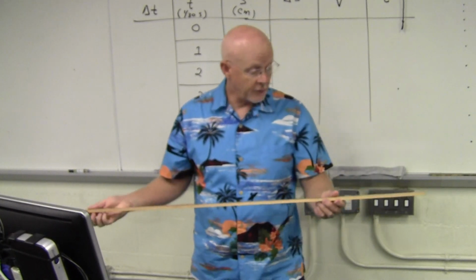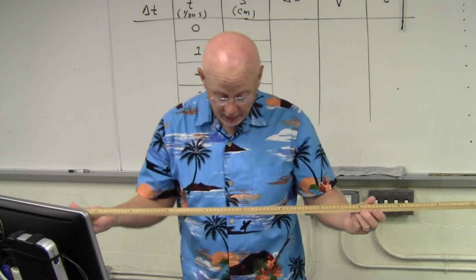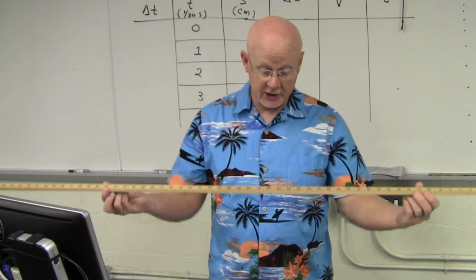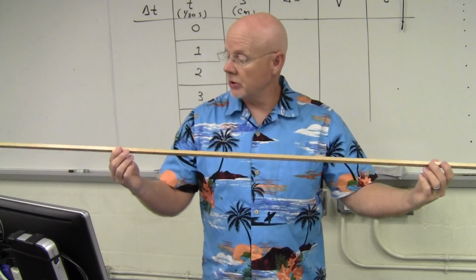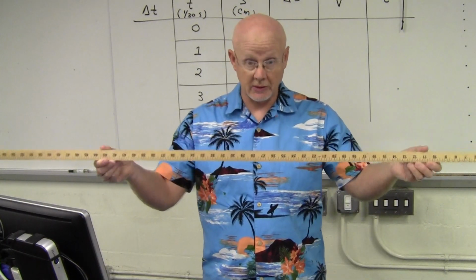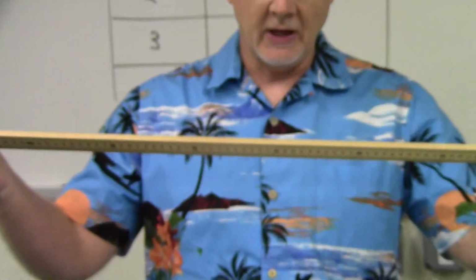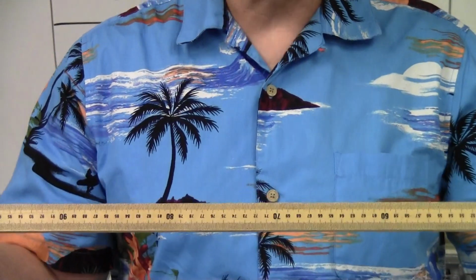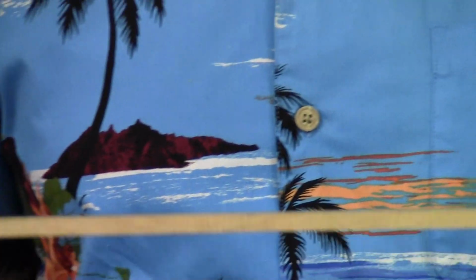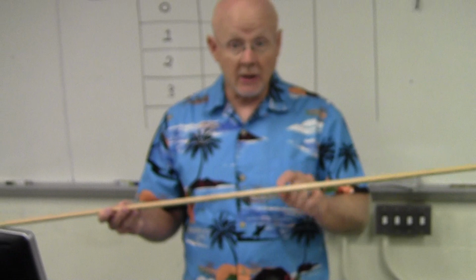And of course, I need to find the centimeters here. Now, if you were in lab, I would ask you to look at this side, which is marked off in inches, and so I'd say ignore that. And then on this side, you will see it's marked in centimeters. It also has millimeters and meters on it, but we'll just get the centimeter part. And the centimeter part is actually the numbers themselves.